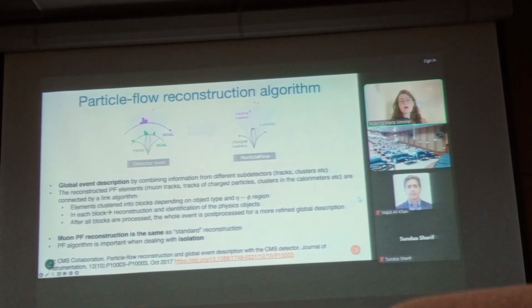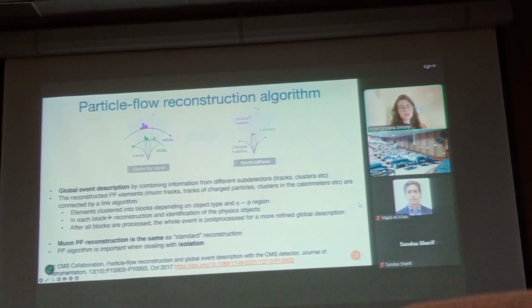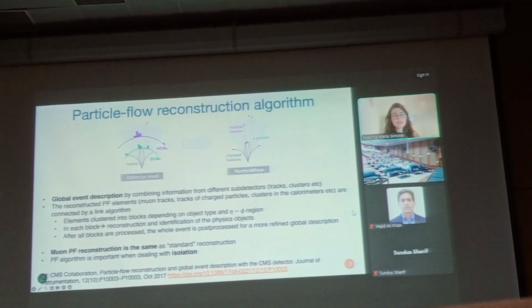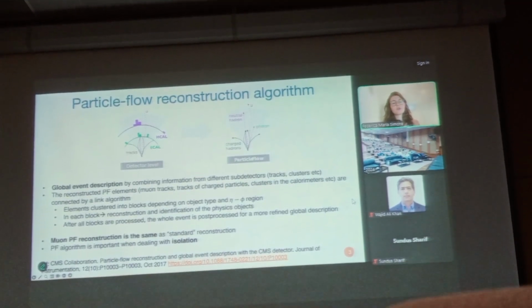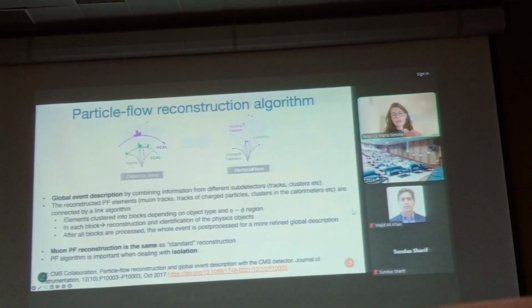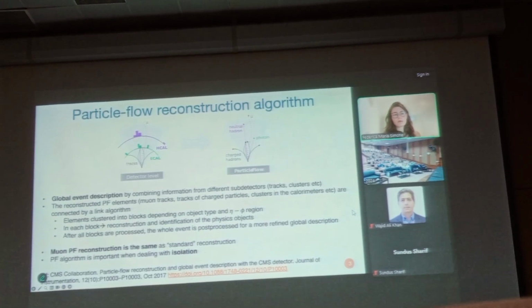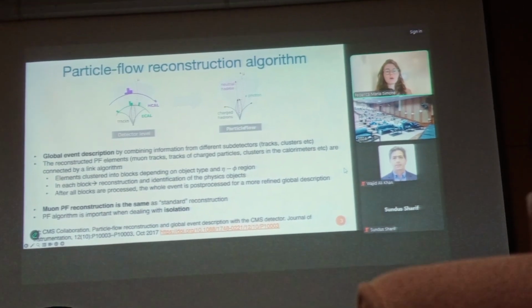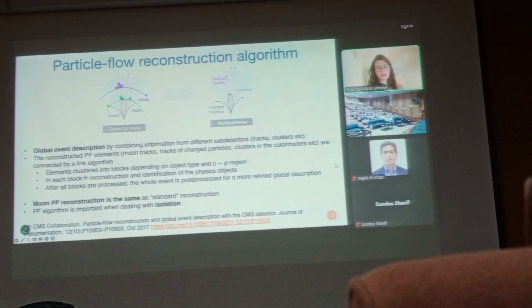So in the block, you run your reconstruction algorithms for muon. That's the same as I discussed in the previous slide. And then every time you identify an object, you take it out and you loop on the rest. So you have a comprehensive view of the physics in each geometrical region.